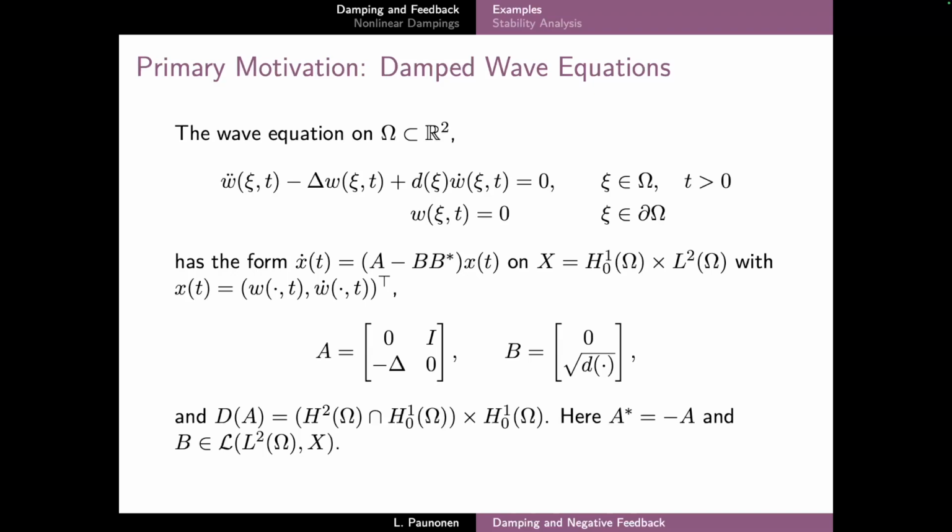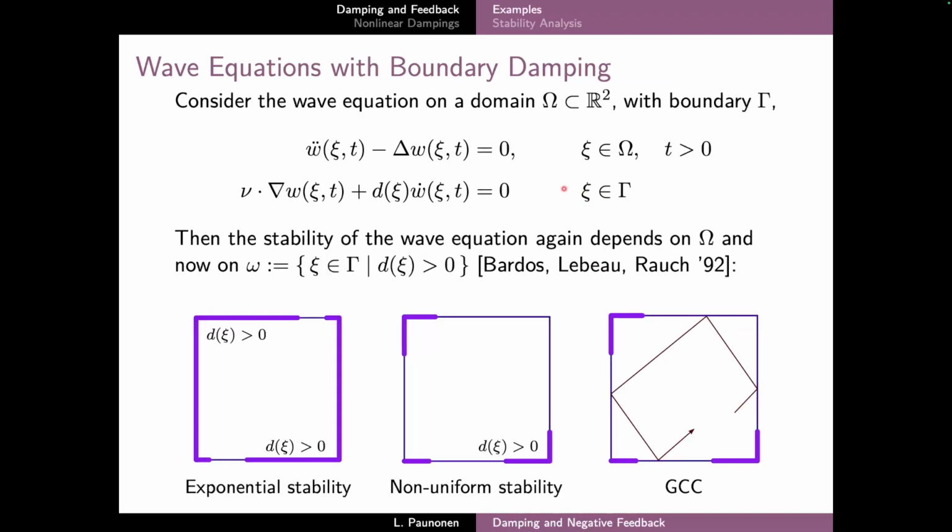In addition to this viscous damping, it's also possible to consider boundary dampings. So in this case, we don't have any velocity term in our PDE, but instead it's included in a boundary condition.